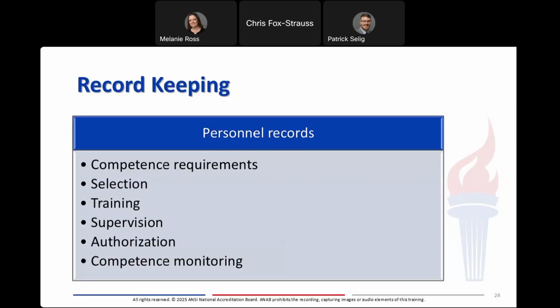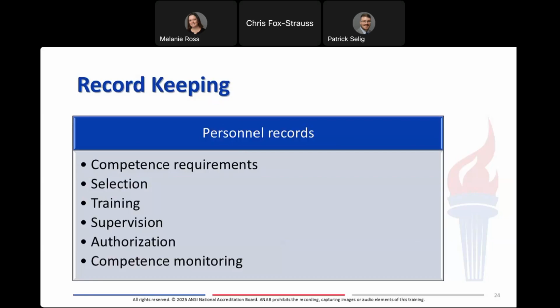There is a third type of record that must be considered in relation to in-house calibrations. Anyone involved in the calibration process must have personnel records on file that document the competence requirements for performing those calibrations.